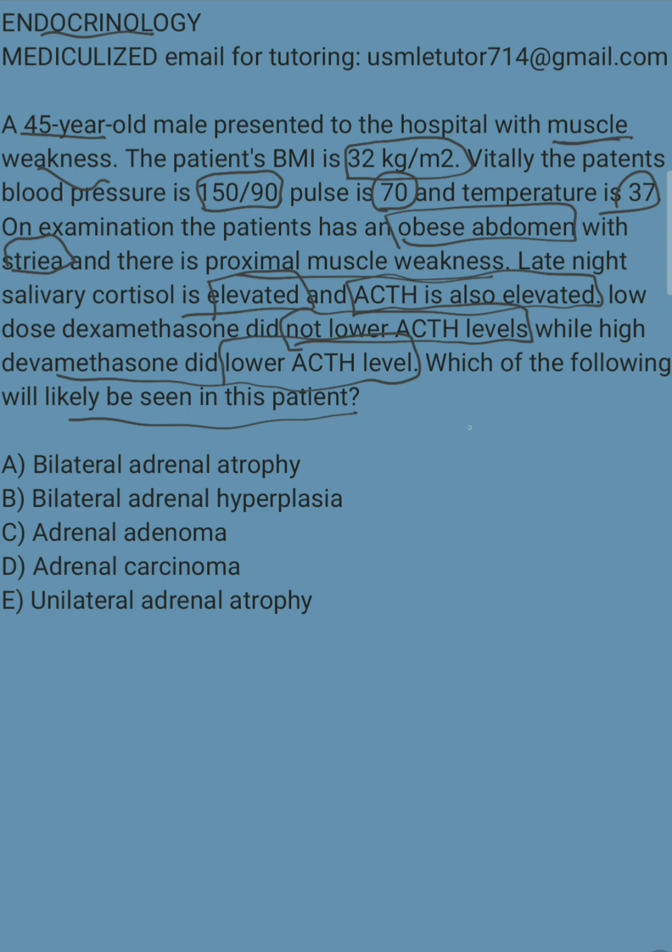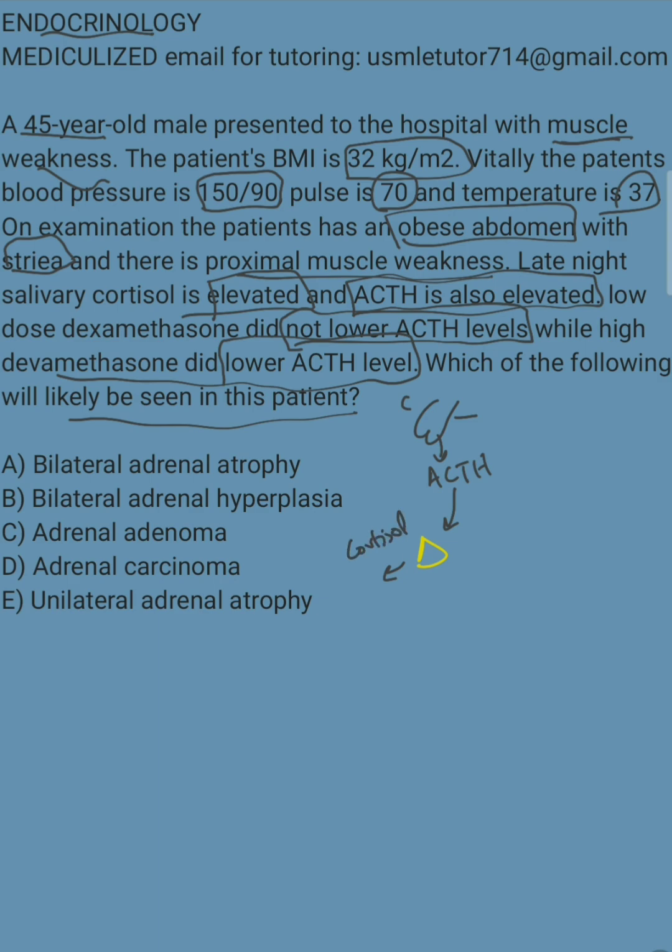So a few things you should know. First, let's say this is the pituitary, right? The pituitary releases ACTH, and then if we have the adrenals here, the adrenals which are on top of the kidneys, the ACTH will come here and it will cause the adrenal gland to release cortisol.